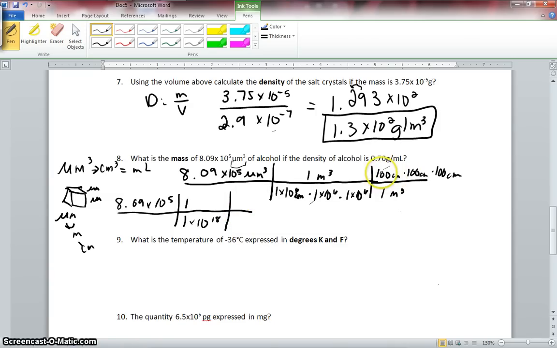This one is going to be 1 times 10 to the second. So if we have 3 of those, it'll be 1 times 10 to the 6th for 1 meter cubed.